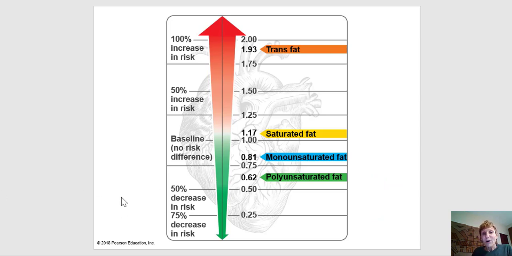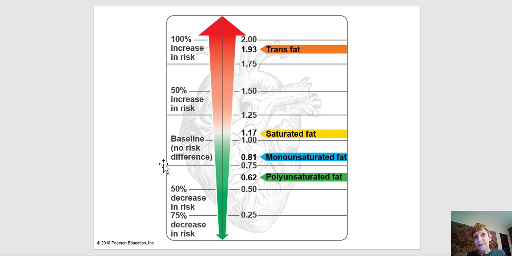the relative risk of heart disease associated with increasing the intake of certain types of fat, if this is your baseline 1, where there's no risk difference, where you have an average diet of a normal amount of saturated and normal amount of unsaturated fats, and you have no trans fat, it's basically a good diet, okay?